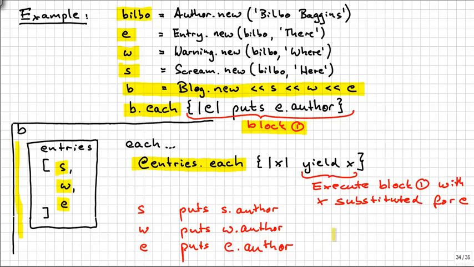So we execute block 1, where we substitute x for the expression e, or the object identifier e, in block 1. So the net effect of this is that we execute 3 puts statements. The first one with s, so puts s.author, then w puts w.author, and e puts e.author.